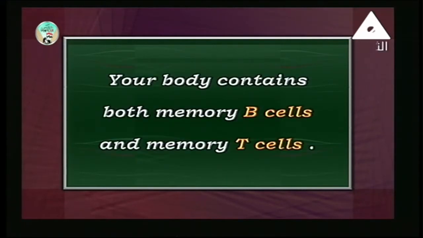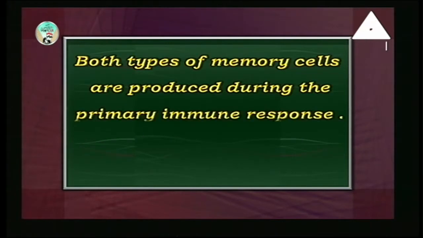Your body contains both memory B cells and memory T cells. So we have some information already collected before by the memory cells, and it is archived inside your body by a specific type of cells. After the infection, both types of memory cells are produced during the primary immune response.